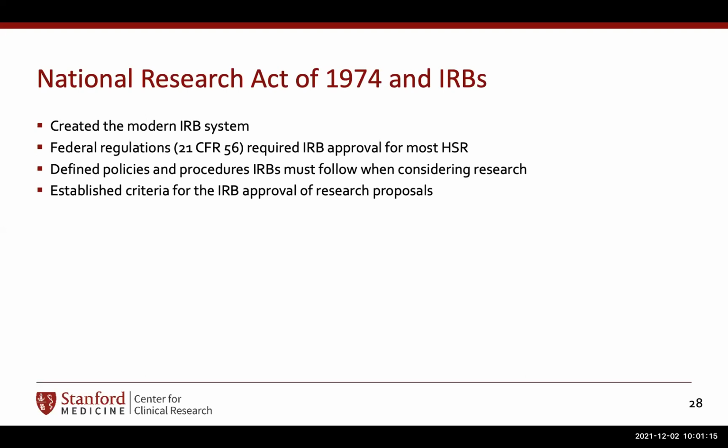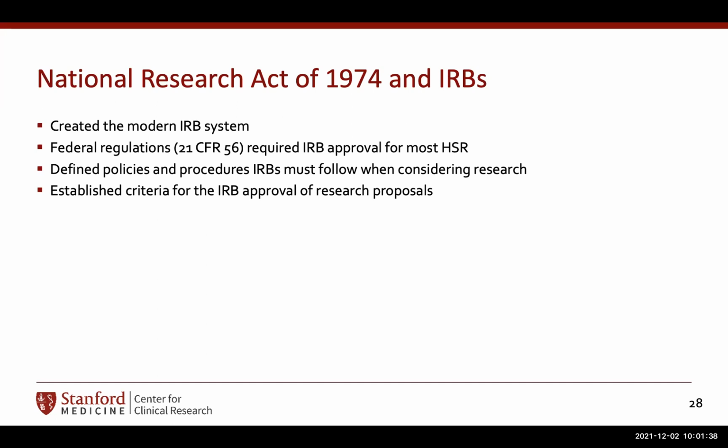The National Research Act defined the policies and procedures that IRBs must follow when considering what is research, and obviously benefit and risk, safety and well-being of participants, and collection of quality data. They help to establish the criteria for the IRB approval of research proposals.